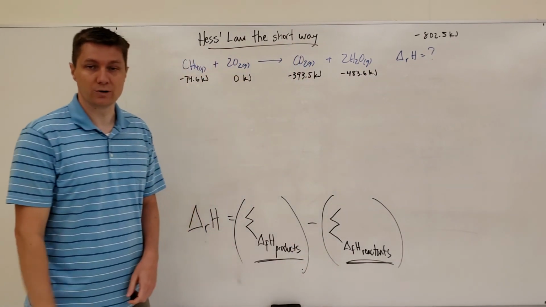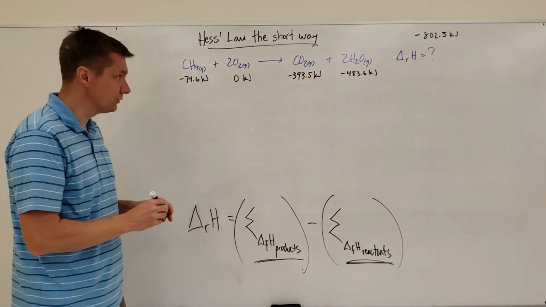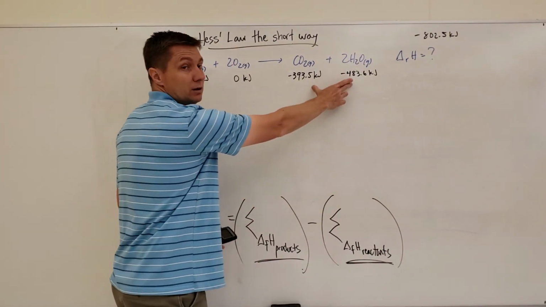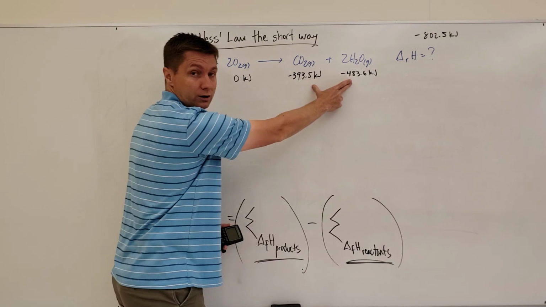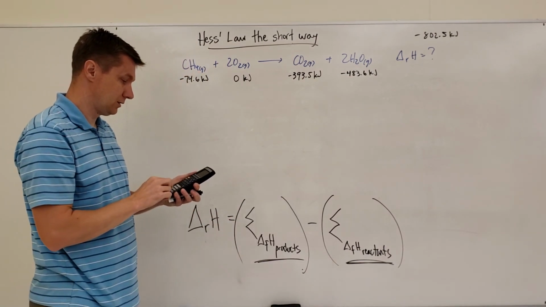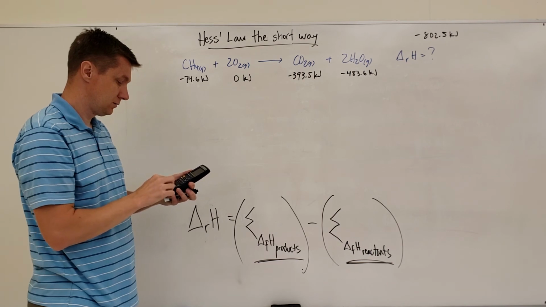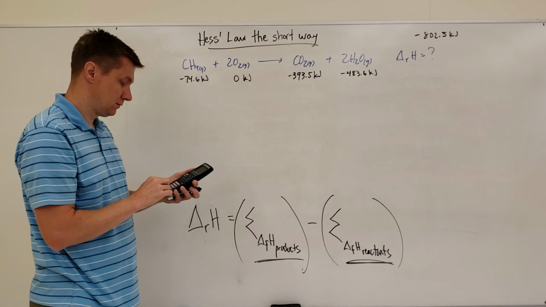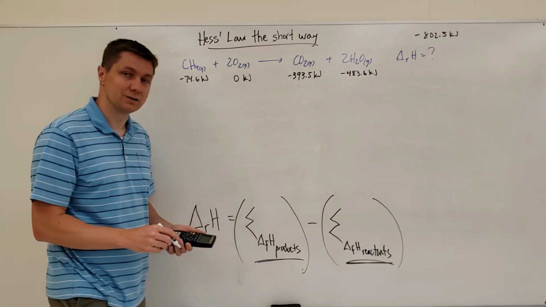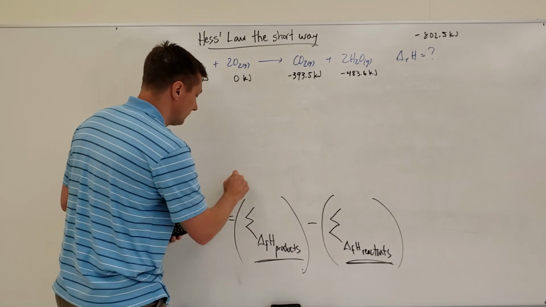And so there are my numbers. Now, what I need to do is take my calculator, and I'm going to take the sum of the heats of formation of the products first. So I add those numbers together, and that gives me negative 877.1.